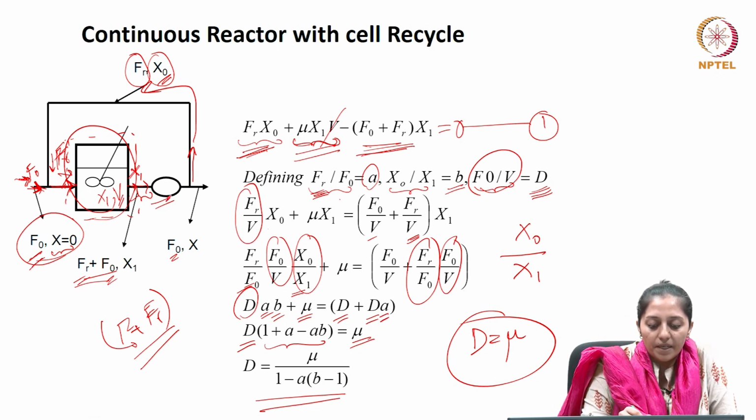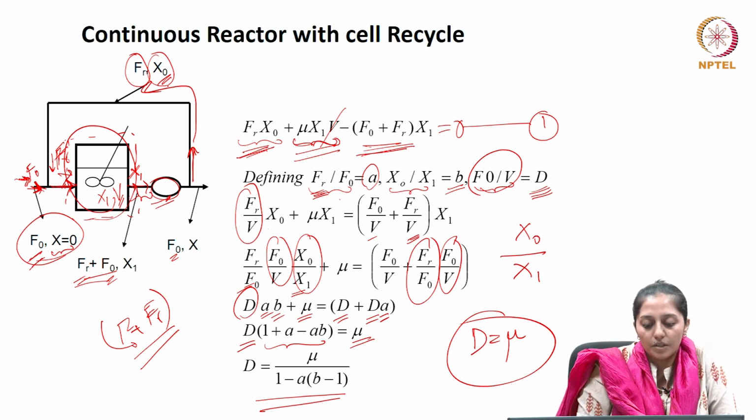This device is a biomass separator. So, some biomass at concentration x0 has been sent back in the recycle stream, and the outlet is x.